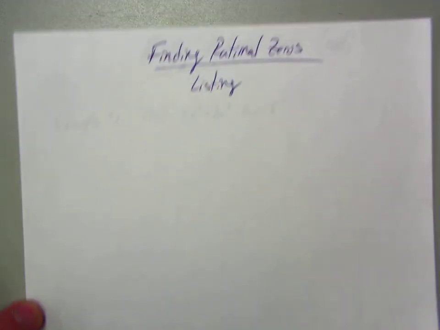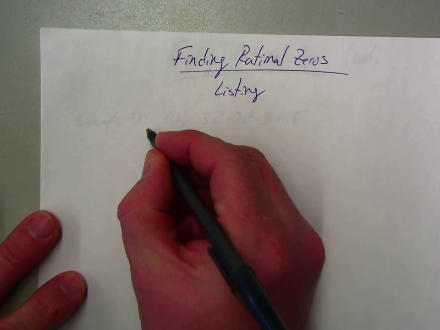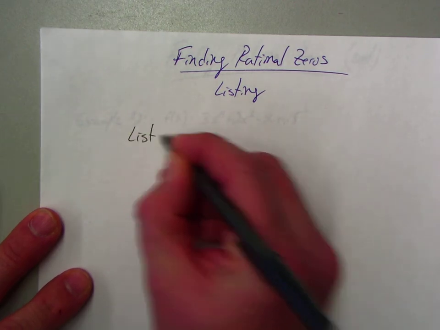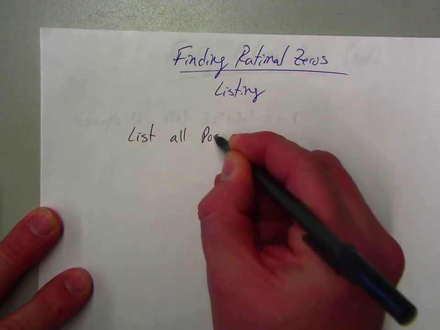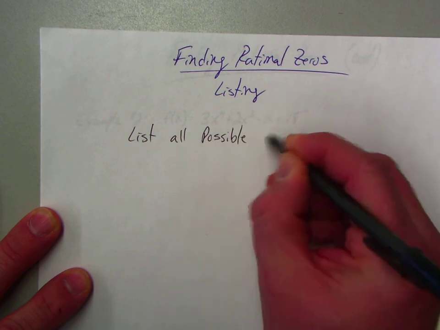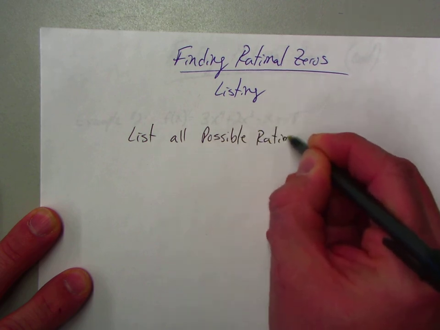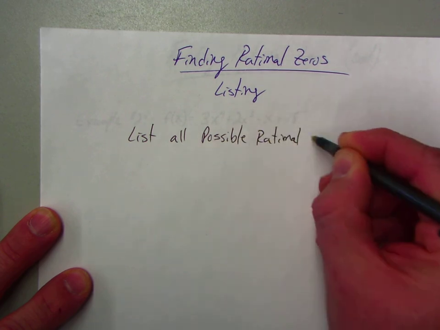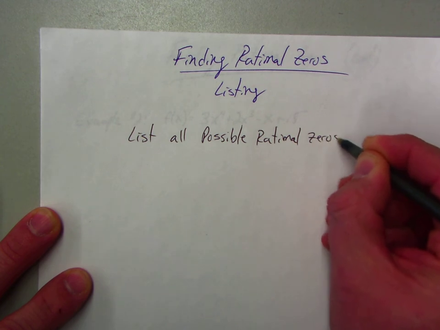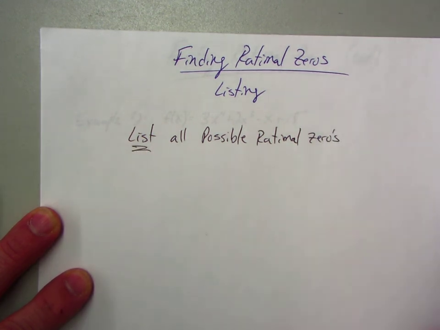The method that we use is, first of all, we have to list all possible rational roots or zeros. Right, we have to list them all first.